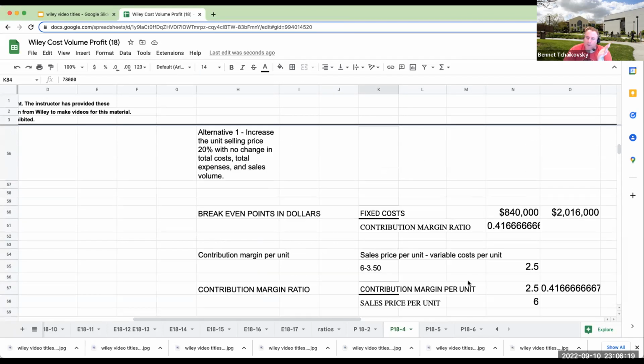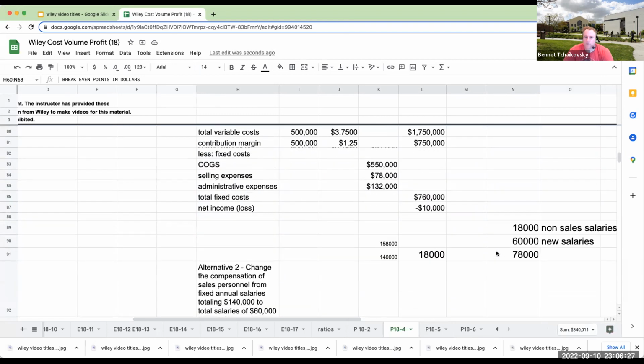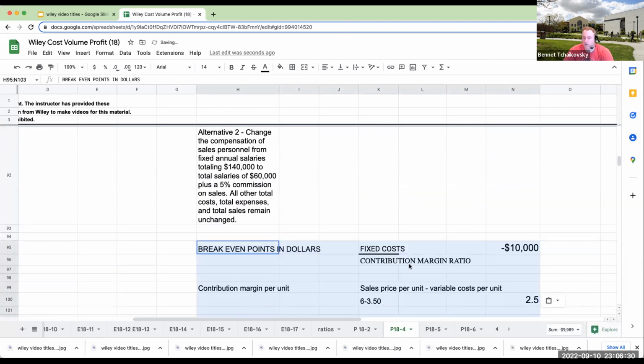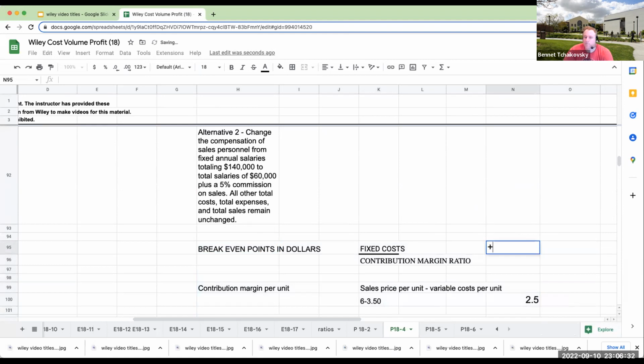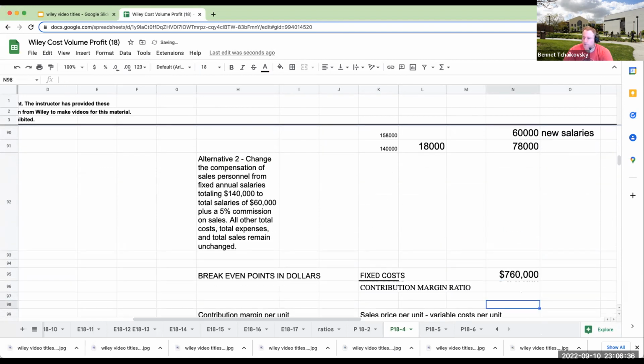Okay, now when it comes over here in terms of the break-even points, let's compute this on the new ratios. So my new fixed costs are going to be 760,000.